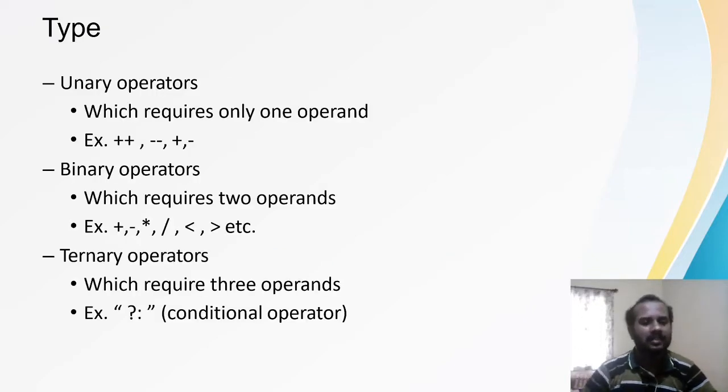There are three types of operators. One is the unary operator, the second is the binary operator, and the third is the ternary operator. The unary operator mainly has only one operand, so one operator is associated with one operand.